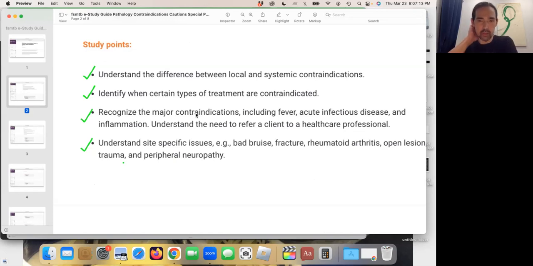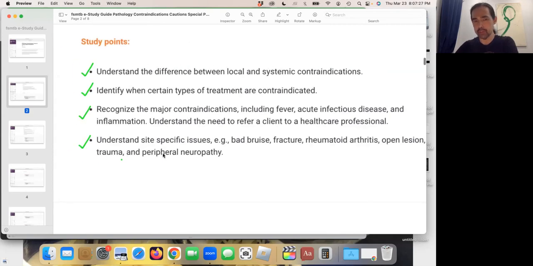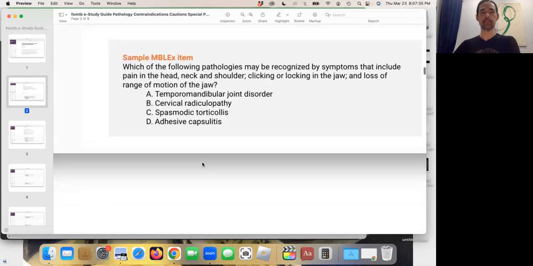These are also often the systemic ones, as well as understanding when to refer a client to a healthcare professional. That's usually a doctor. Then we're going to go over some site-specific issues: bruises, fractures, rheumatoid arthritis, open lesions, acute trauma. Acute trauma means fractures, sprains, and strains, and peripheral neuropathy.